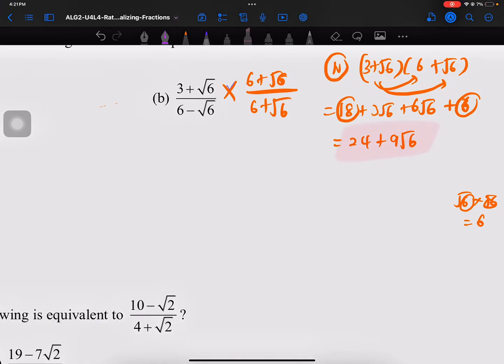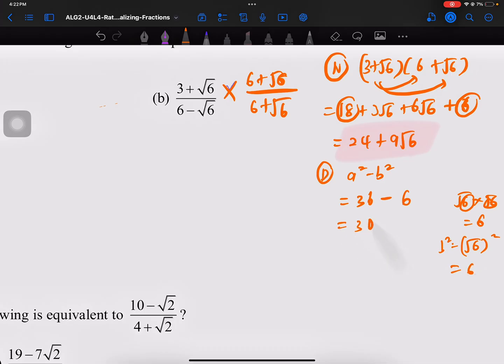Now the denominator. A minus B, A plus B, right? So equal to A squared minus B squared. A squared is 6 squared, which is 36. B squared is 6, because B squared is √6 squared, so no more square root, it is 6. So now it is 30.